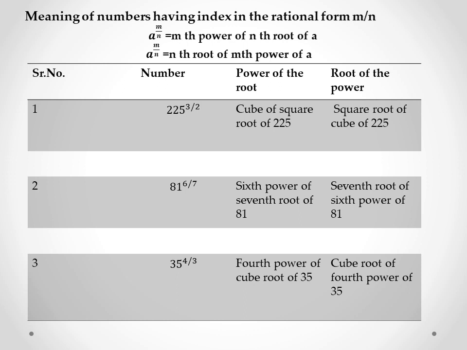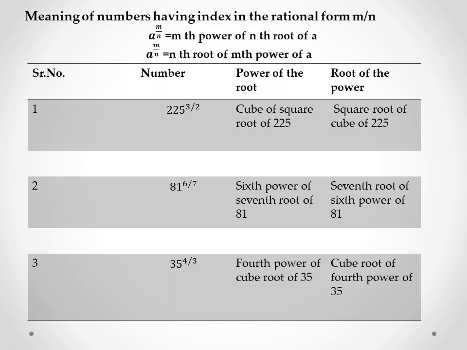Now similarly, in another way also we write: you may consider the denominator number first and then the numerator. The denominator is the root and the numerator is the power. Means you may write a raised to m upon n equal to nth root of mth power of a. You may take power first then root, or you may take root first and then power.